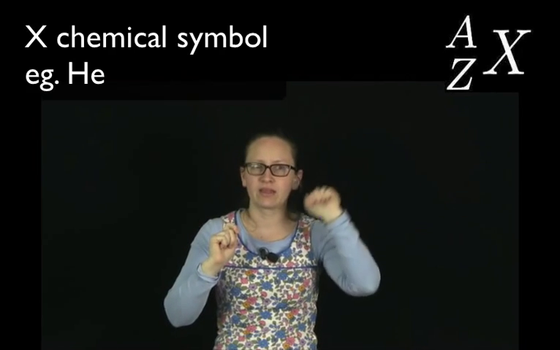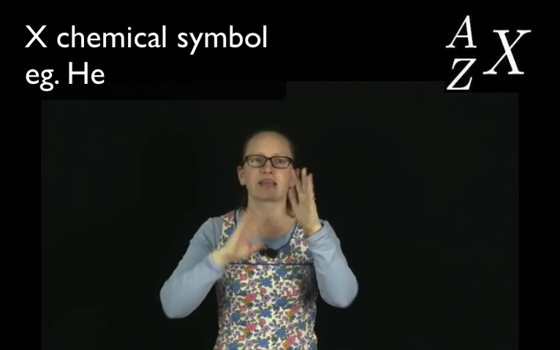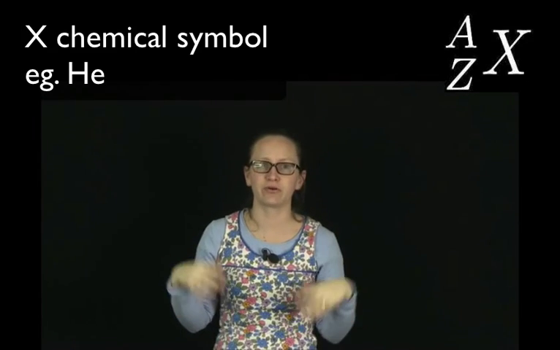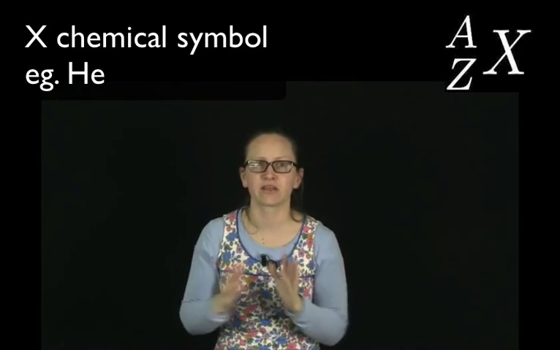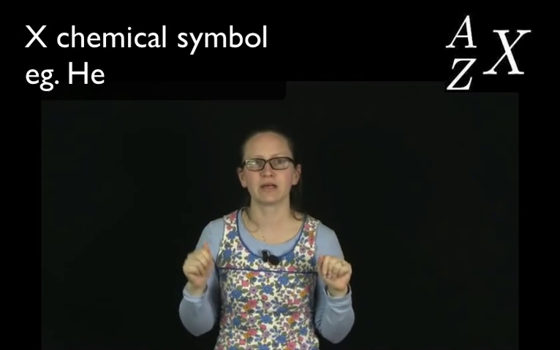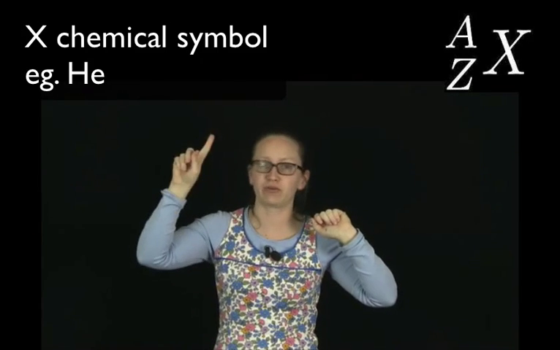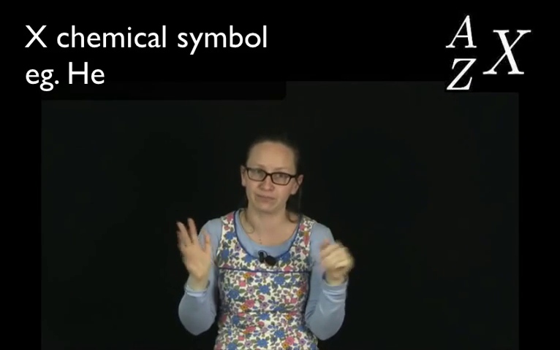So in order to represent an isotope, we need to have a symbol. So what we use is this symbol up here. Now the X stands for the symbol which we can look up on the periodic table to represent that element. So for example, with helium, the symbol that we use, we replace the X with a capital HE, and that stands for helium.